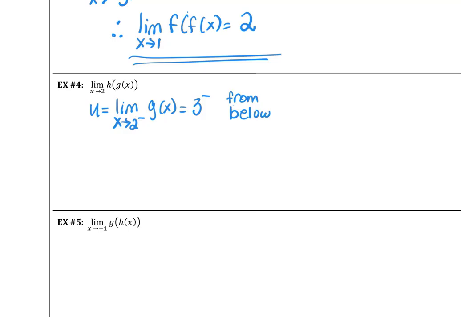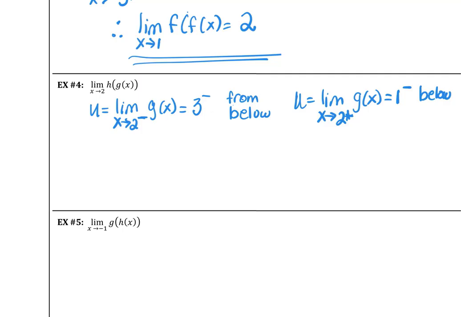And then I also want to consider that u is the limit as x approaches 2 from the right. So we have to check the left-hand limit and the right-hand limit on the g of x before we consider the outside function. And that limit was approaching 1 from below, so 1 from the left.